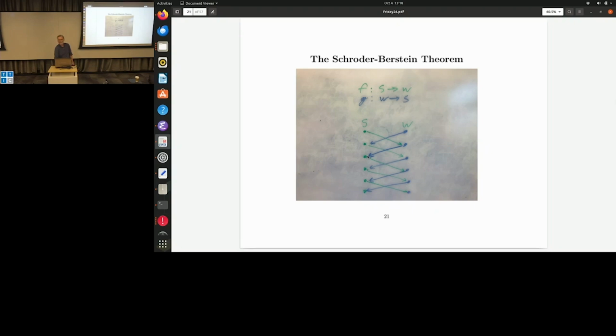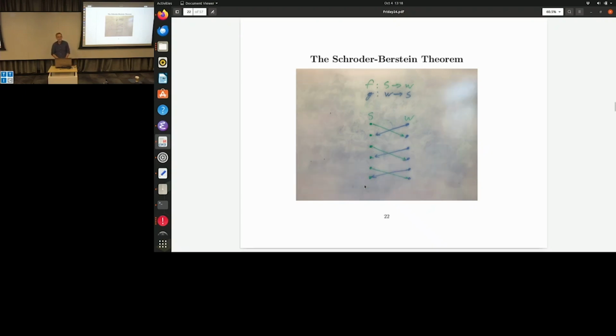So it propagates. If that one has to be used, then that one has to be used. And here's your bijection. For every point you're picking pairs from F or G, and you're stitching together those pairs. And the question is, can this always be done for infinite sets?